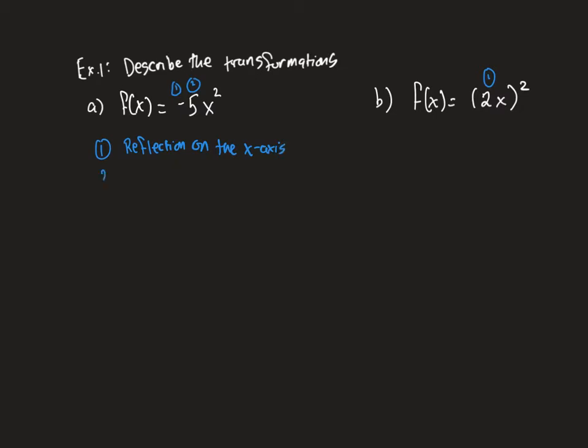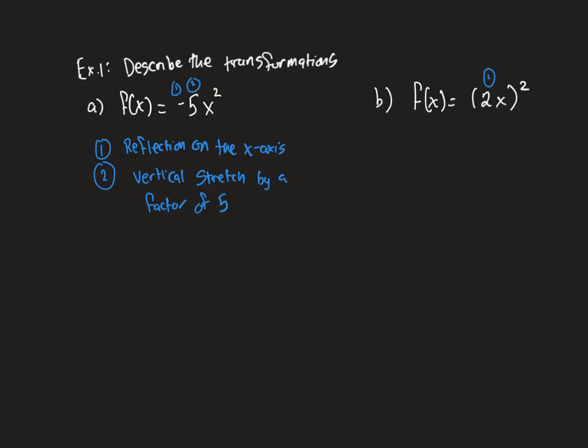And then number 2, I have 5. 5 is a whole number. It's not a fraction. So therefore I can say it's a vertical stretch by a factor of 5. Okay, let's take a look at the second one.